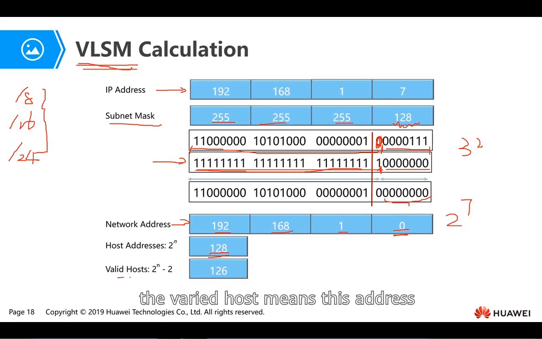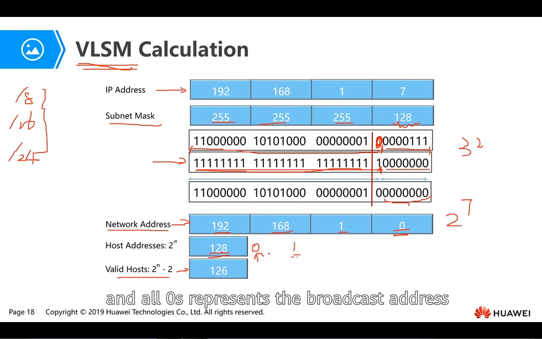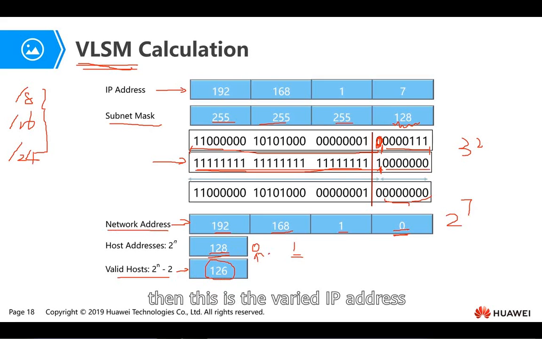Of course, the valid hosts: this includes all zeros and all ones. All zeros represent the network address and all ones represent the broadcast address. So minus 2, the valid IP addresses that can be used in this network is 126.